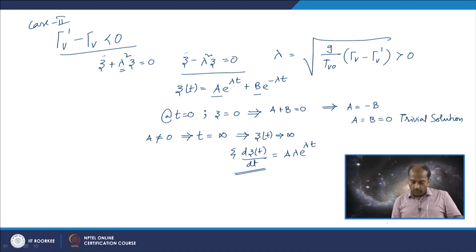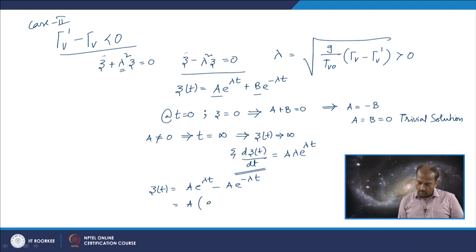We simply take A equals minus B, that means we do not take two constants, rather we take B equals minus A, that is it. So, now we can write the solution z of t as A e to the power of lambda t minus A e to the power of minus lambda t, or A times e to the power of lambda t minus e to the power of minus lambda t.